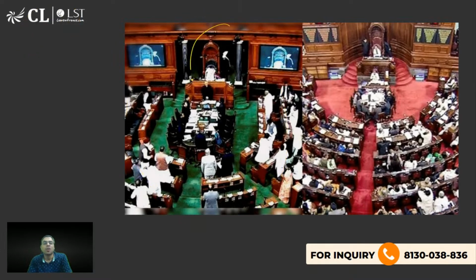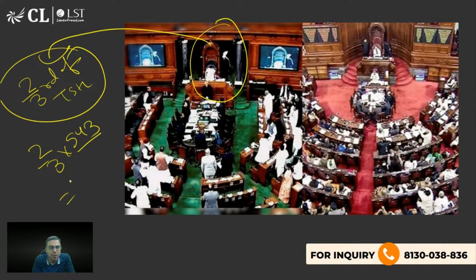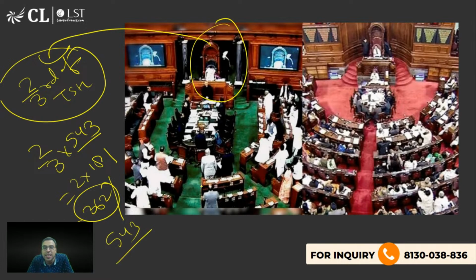So now they should pass it by 2/3 of the total strength of the house. ठीक है, so 2/3 divided by 543, total strength इतना ही है, so that would be 2 into 181 है ना, and that will be 362. So if the 362 out of 543 members sign it or vote it in favor of impeachment, then it is passed.